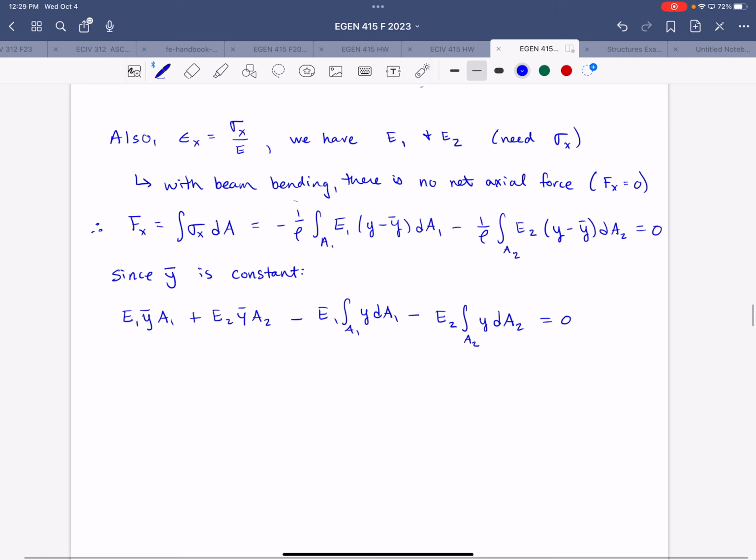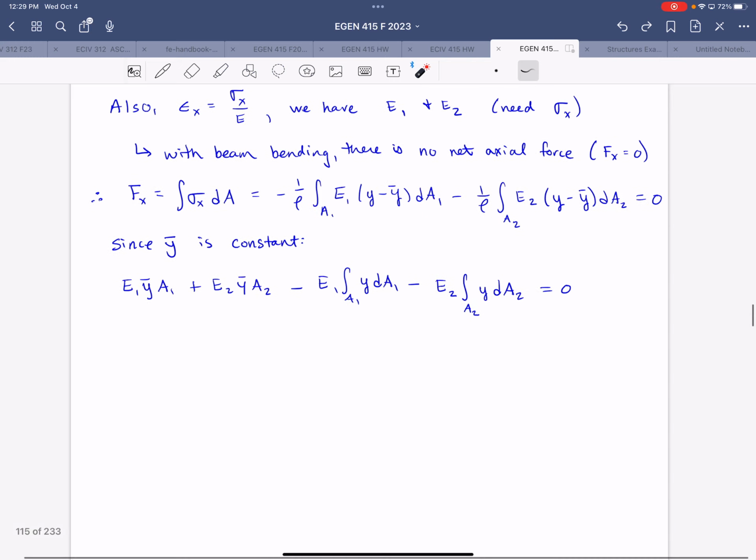And I just dropped the 1 over rho out of this expression because we know rho is not going to be equal to 0, right? So we're just sticking with this portion from this point on. So just so you know, that was intentional.